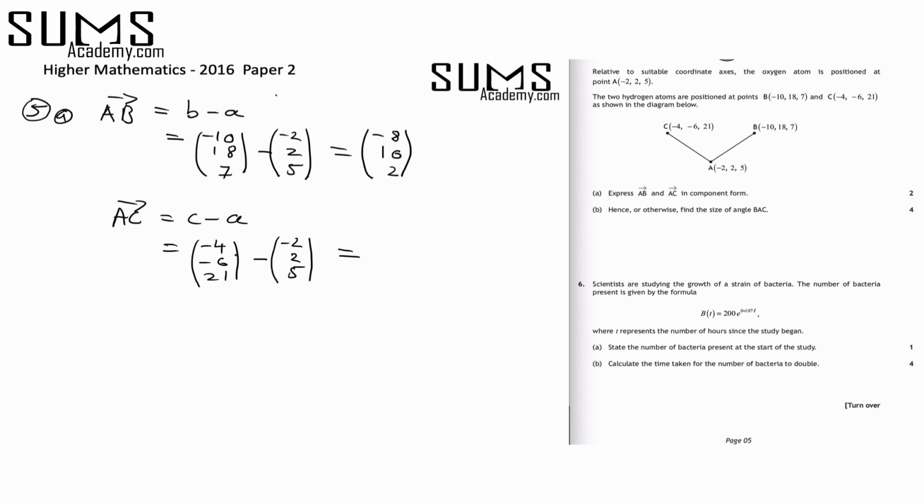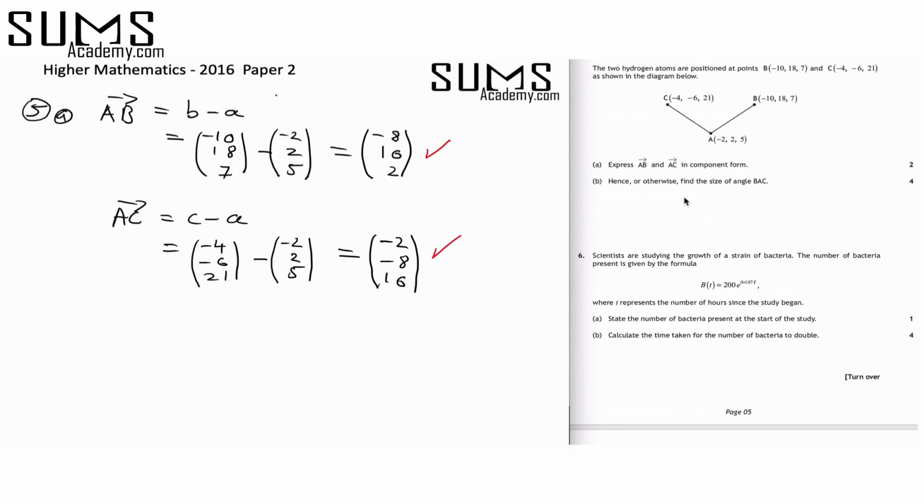So negative 4 minus 2 is going to be just minus 6... negative 6. Negative 6 minus 2 is going to be negative 8. And then 21 minus 5 is going to be 16. Okay, and then I think you just get your 2 marks, one for each, getting them correct. So 1 mark there and 1 mark there.